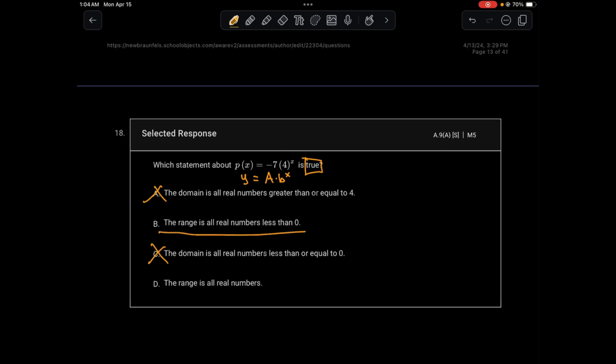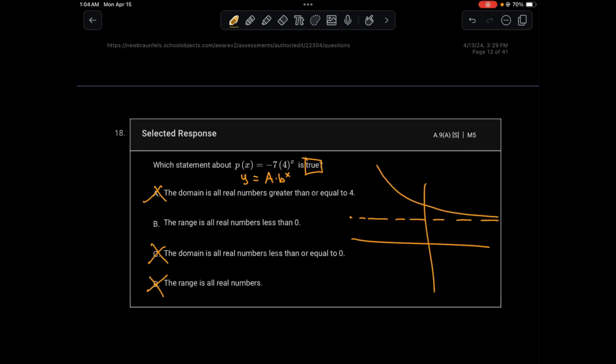The range is all real numbers less than 0. The range is all real numbers. Well, the range is not all real numbers. The range starts from the asymptote basically and goes either up or down. If the asymptote is this line and the exponential goes like that, it doesn't have to start from 0, but it starts from the asymptote. Let's say the asymptote is at 5, then it's going to go up.